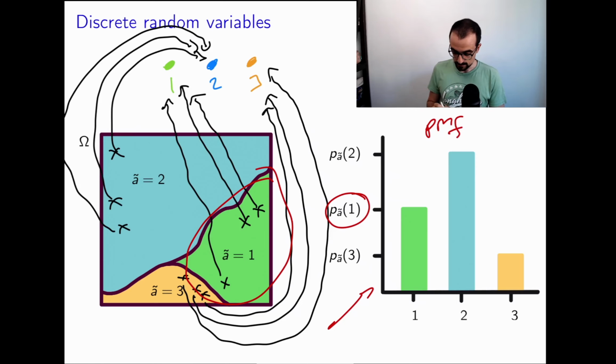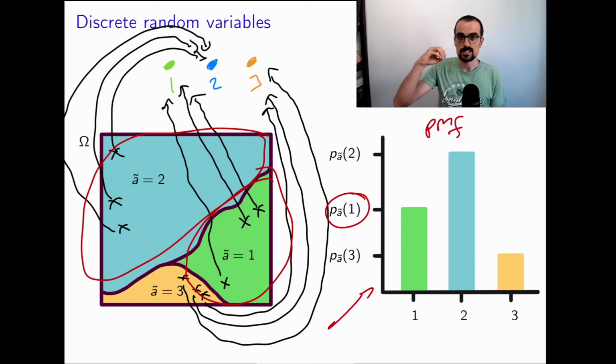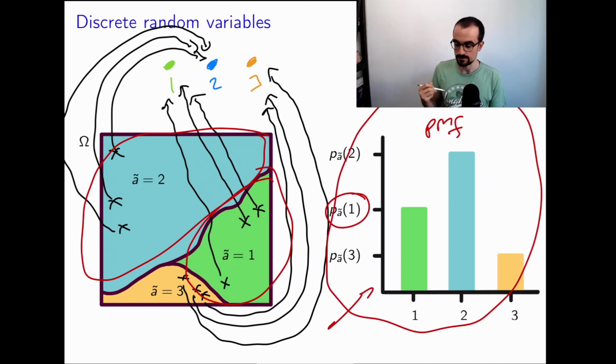The probability of the random variable being equal to 2 was the probability of all of these values in the sample space, and so on and so forth. So remember that this is just a mathematical definition. At the end of the day, we just assume that there exists this probability space, and we directly define the random variable through its PMF.